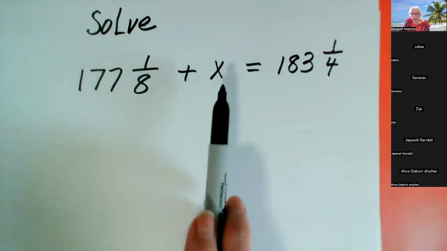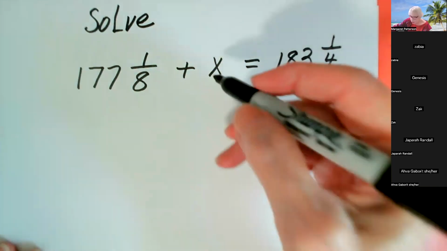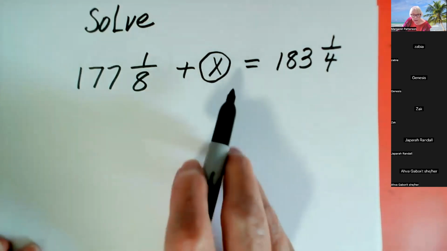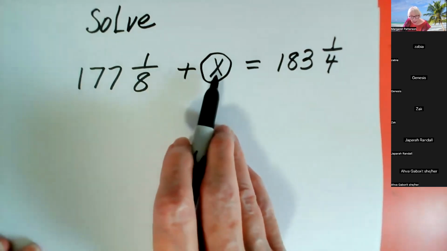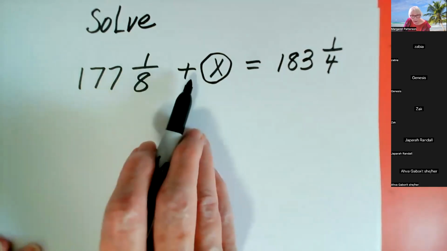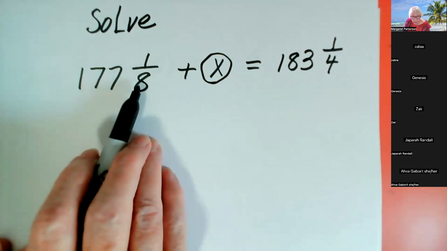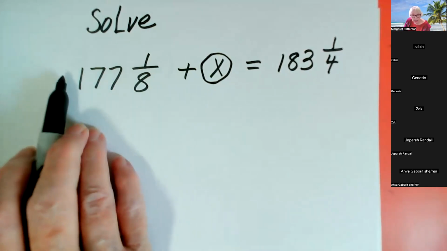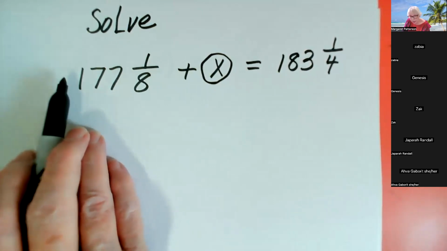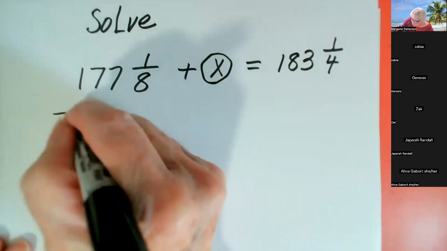So the rules that you do, even though the numbers are messy, the rules have not changed. You want to keep the x, and you want to get rid of anything that's keeping the x from being by itself. And so this number has to go. Because this is assumed positive, because there's no negative on it, to get rid of this number here, you're forced to subtract.